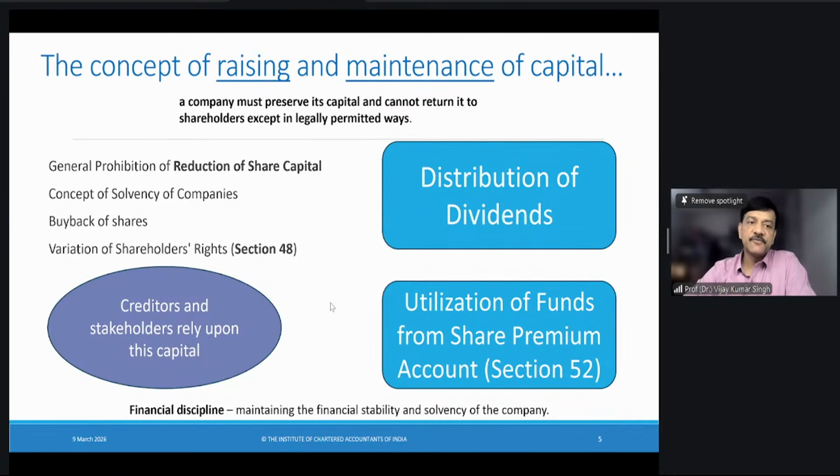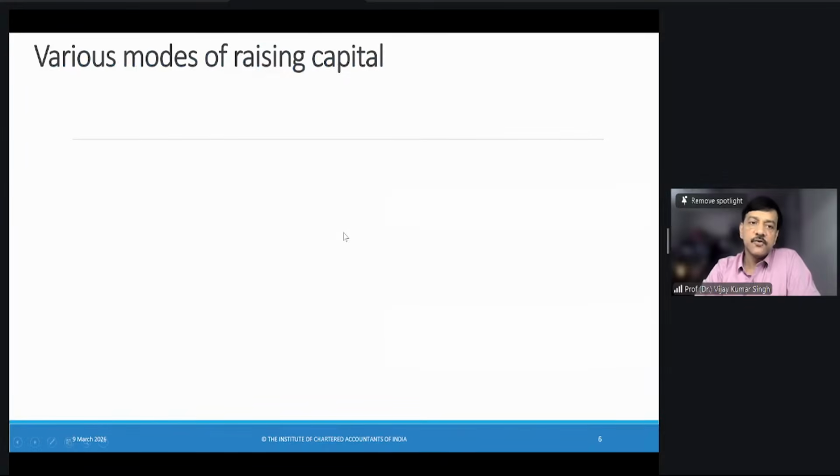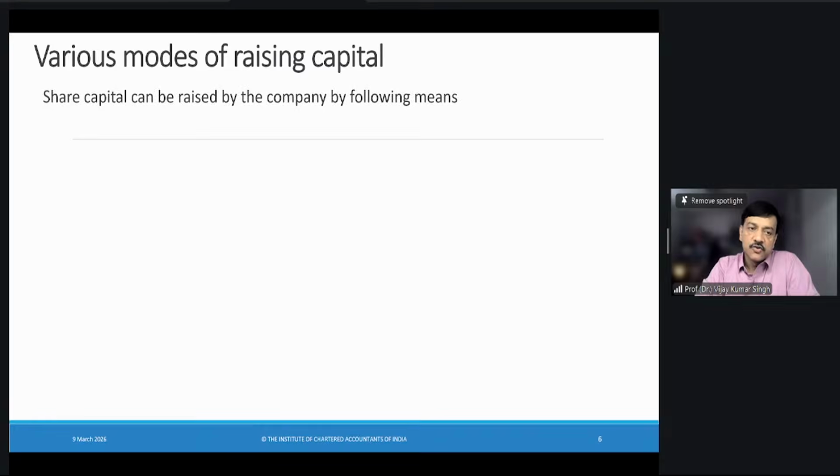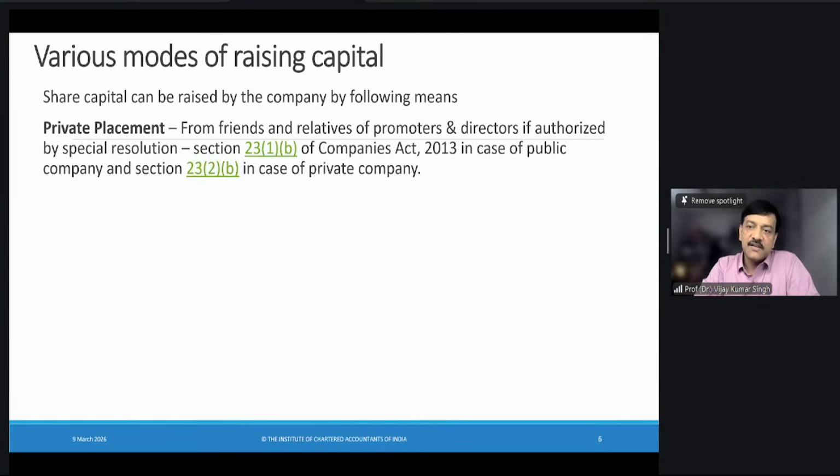Now let me proceed further and talk about the provisions relating to the prospectus. If you see, there are different modes of raising of capital. We talked about maintenance. You can raise capital by way of a number of modes, number of methodologies. One of the primary ways by which you can raise the capital is by way of a private placement.